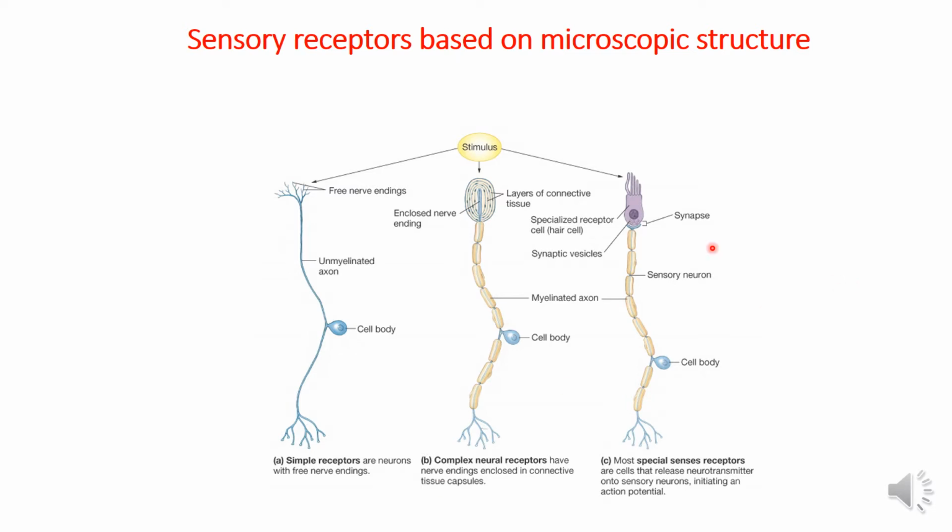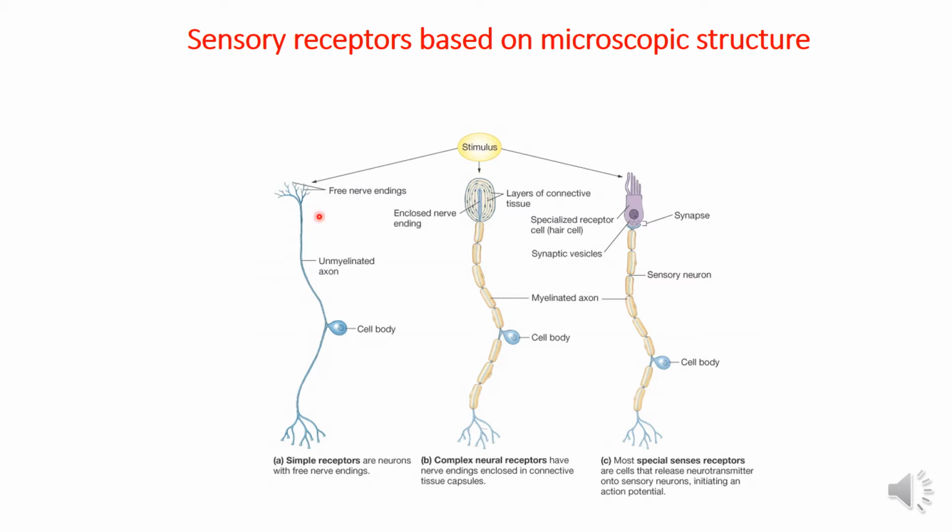Sensory receptors based on microscopic structure. Here we have classification of the receptors according to their microscopic structure. For example, free nerve endings are simple receptors specific for what? Specific for pain sensation.